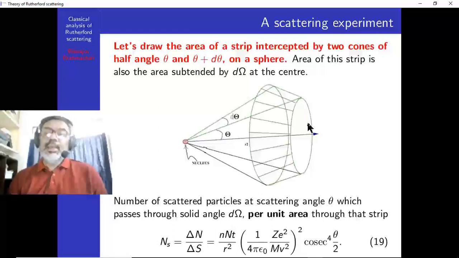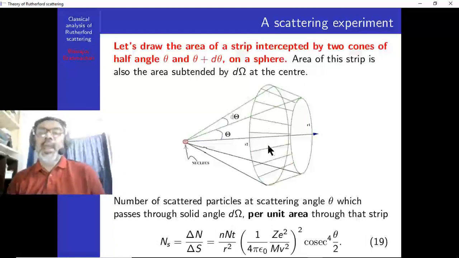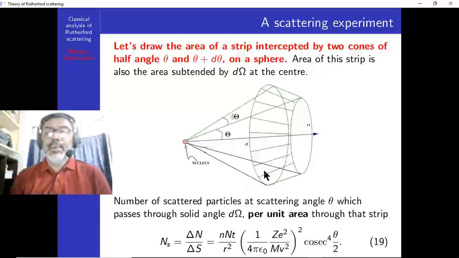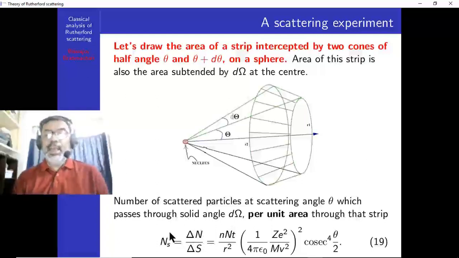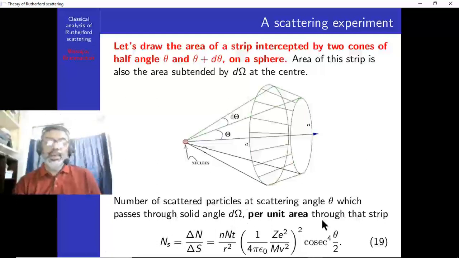The first cone intercepts a ring R1, and the second cone intercepts a ring R2, and the area of the strip intercepted by these two cones on the sphere is the shaded region. This area is dS, and dS by r² is dΩ. So we have divided by ΔS. So Δn by ΔS is this. This is the relation which is experimentally measurable.